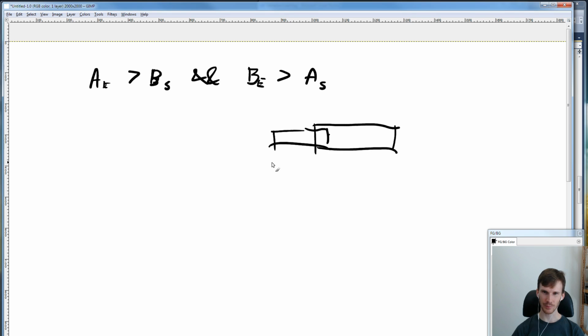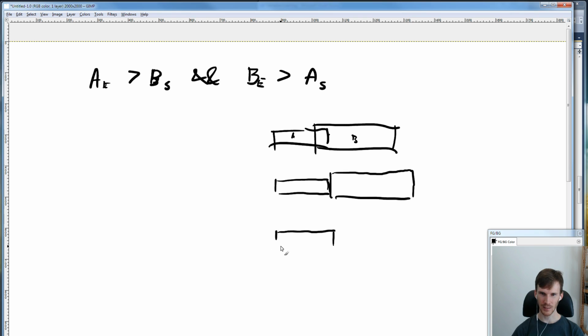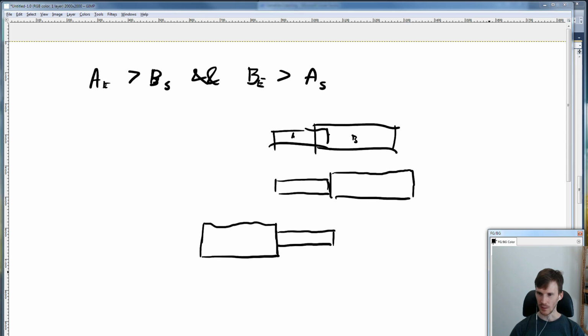So if this is A and this is B, we can either separate out this way, or we can separate out B by subtracting that. And then that is going to be that, or that is going to be that.